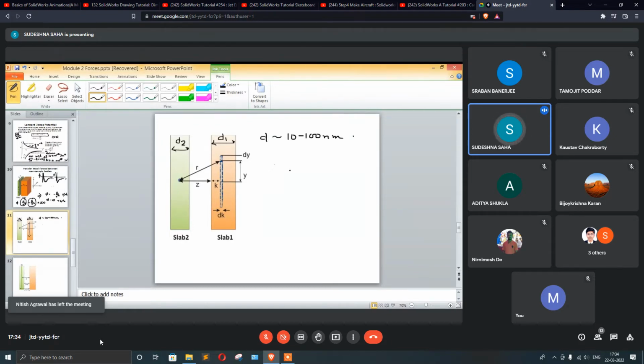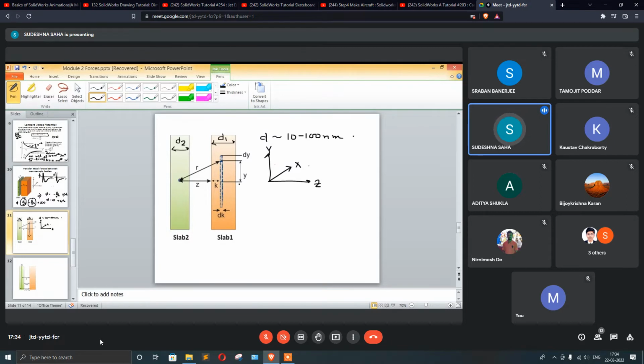And this is the particle coordinate system that we have to remember. So this is z, this is y, and this is our x direction.